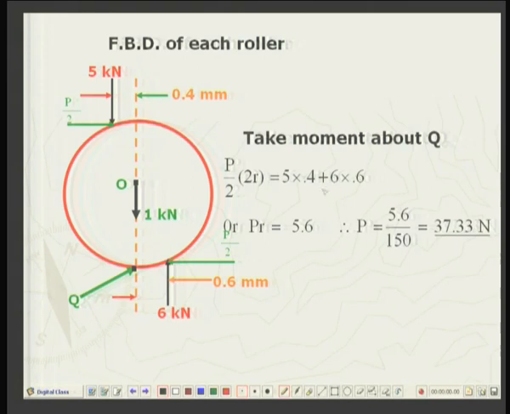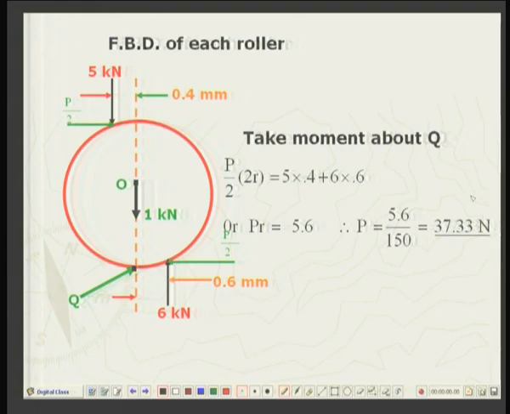So yeah, 2 plus 3.6, so 5.6. So P comes out to be 5.6 divided by 150, which is radius R, that is diameter is 300 millimeters, radius is 150, so 37.33 newtons.